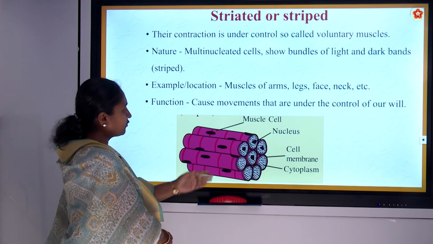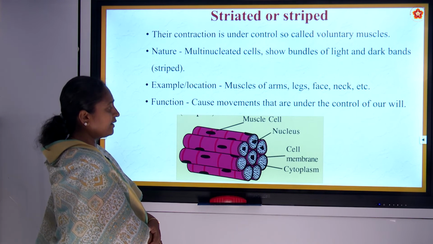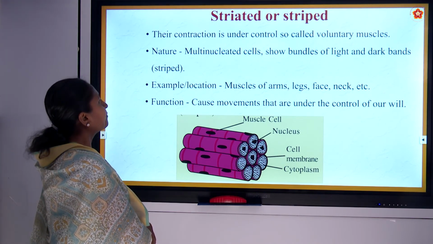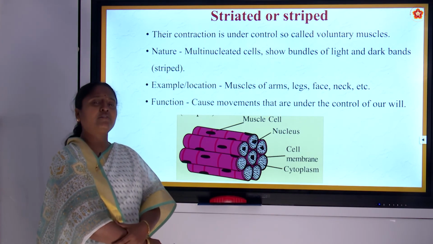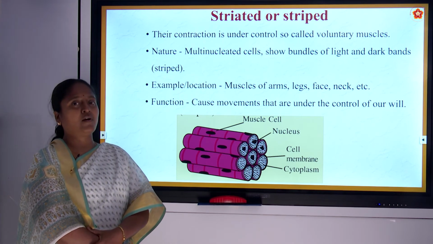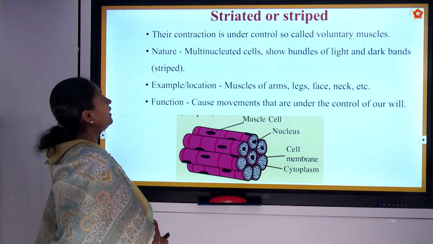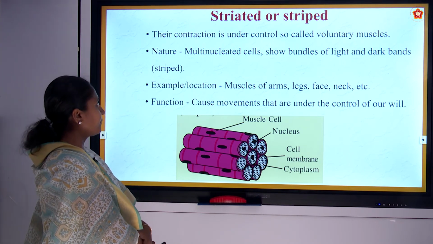See, so many nuclei are shown over there, and the cells have the membrane and cytoplasm also present inside the muscle fiber. The major function is movement, and all those things are under our control. Voluntarily we can control the movement of this kind of muscles. These come under striated muscles.